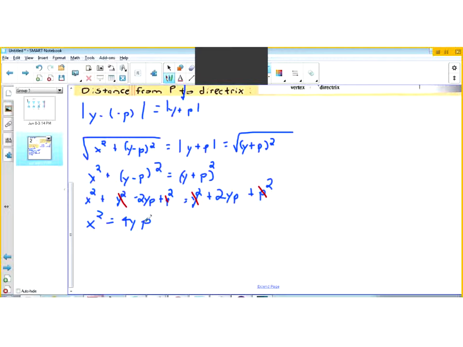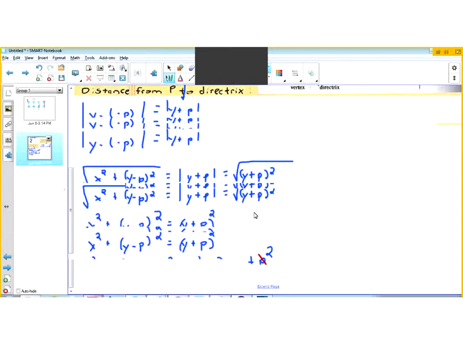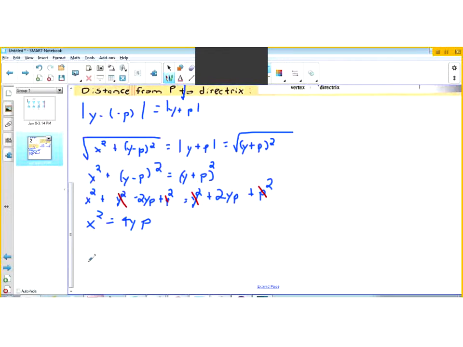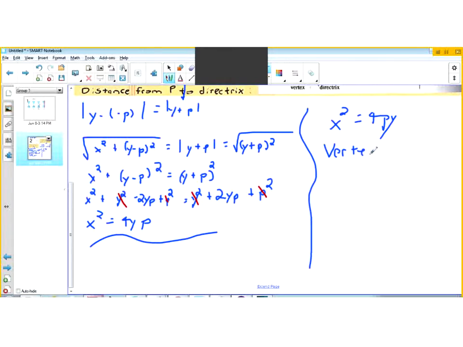And so this is an alternative form of the equation of a parabola. So what this means is that the graph of x squared equals 4py is a parabola with vertex at the origin.